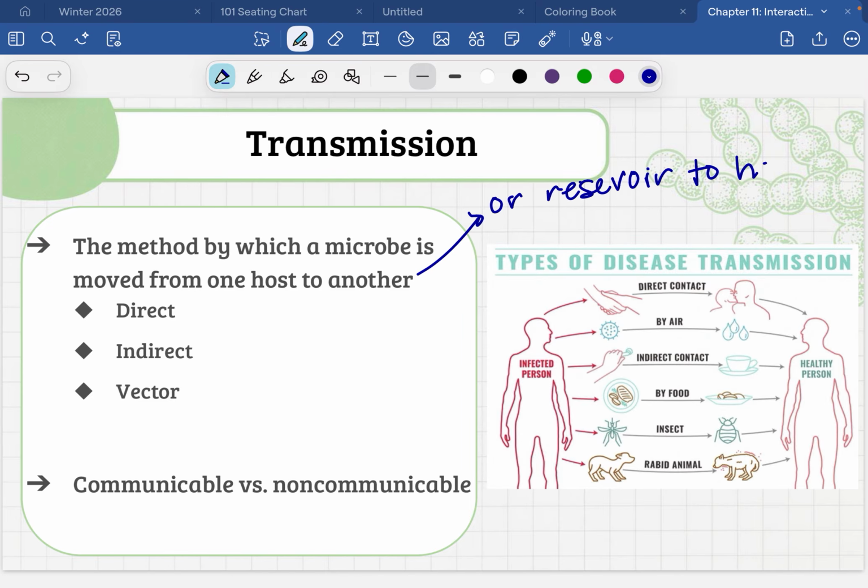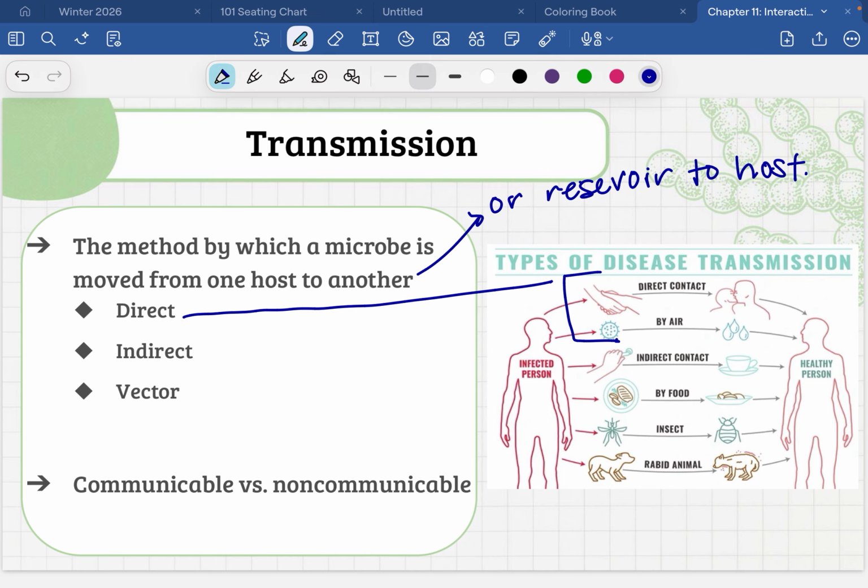So direct contact would be like direct contact, right? So direct physical contact, shaking hands, kissing, hugging. You can get this through any type of direct physical contact where you are touching somebody else, or by air.